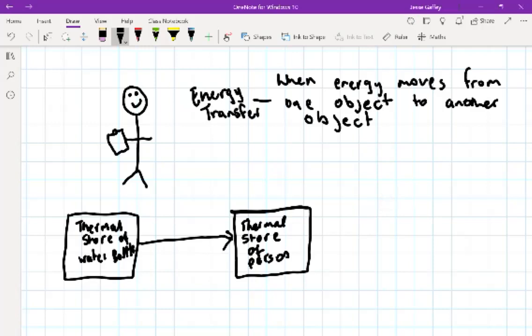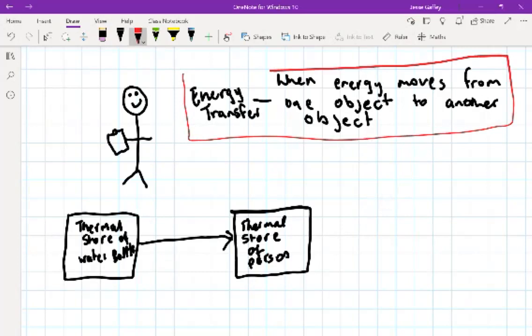So in this case, energy was transferred from the thermal store of the water bottle to the thermal store of the person. I want you to pause the video and I want you to take down this definition of an energy transfer. So do that now, please.